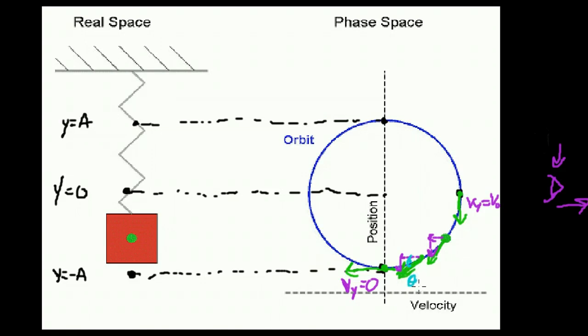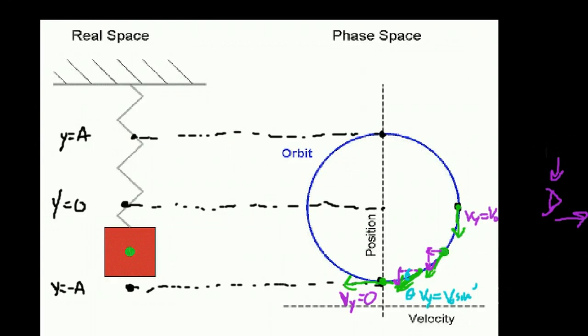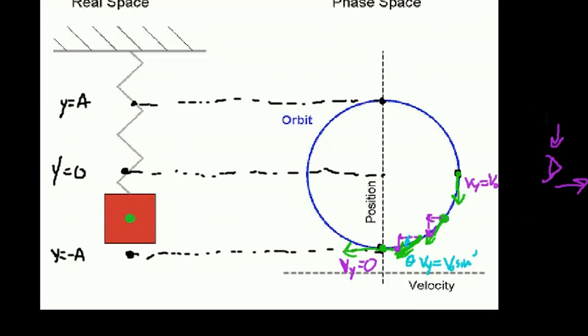We could describe the vertical component of the velocity as v naught sine theta. And if I want to be very particular, in this case it would be negative v naught sine theta, because it's going down. But that's the basic premise.